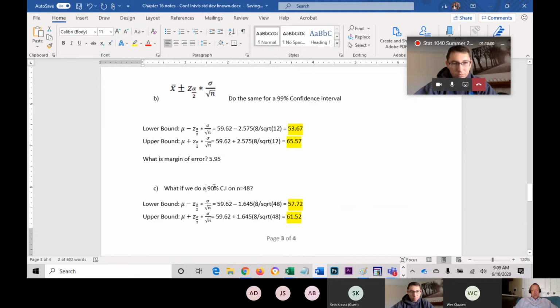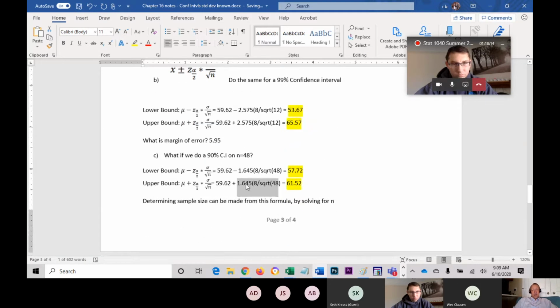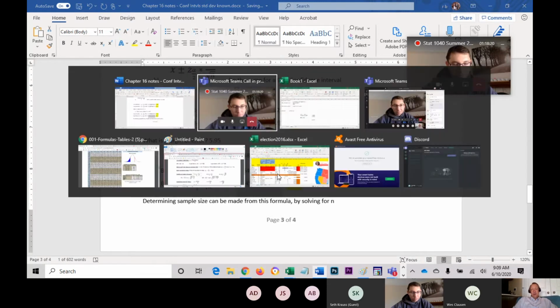Now, if I go back to a 90% confidence interval, but this time I do my n equals 48, okay? You can figure out the margin of error here.